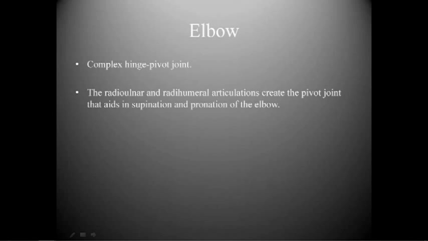Okay, the elbow. Firstly, the elbow is a hinge pivot joint, which pretty much means that you can straighten and bend the elbow, but you can also rotate it to some degree.